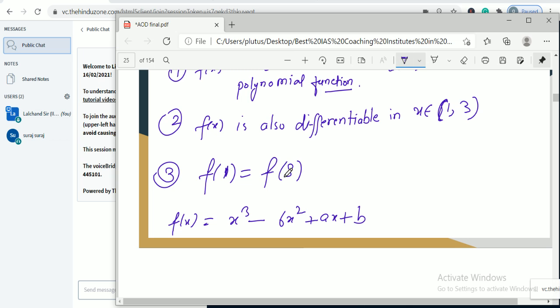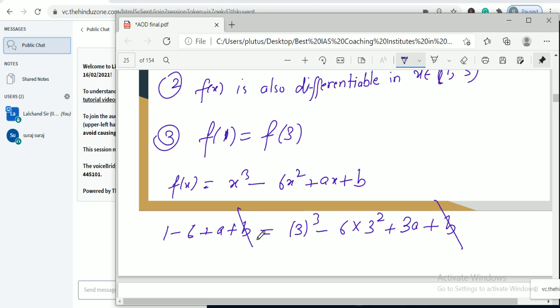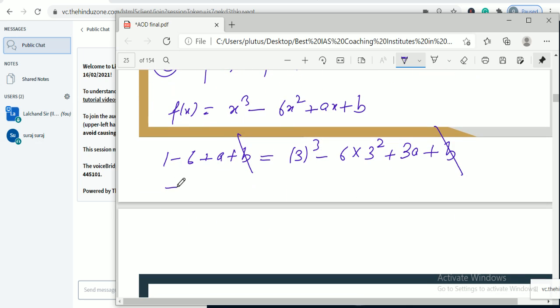Okay, so what is the value of f of 1? f of 1 will be 1 minus 6 plus a plus b. What is the value of f of 3? f of 3 means 3 cube minus 6 into 3 square plus 3a plus b. The b gets cancelled. So this is simply minus 5 plus a.